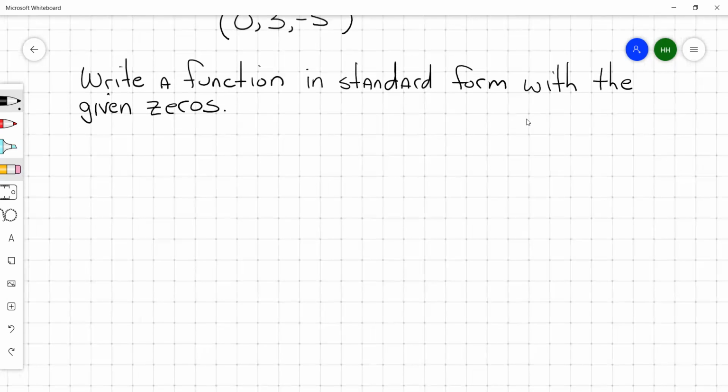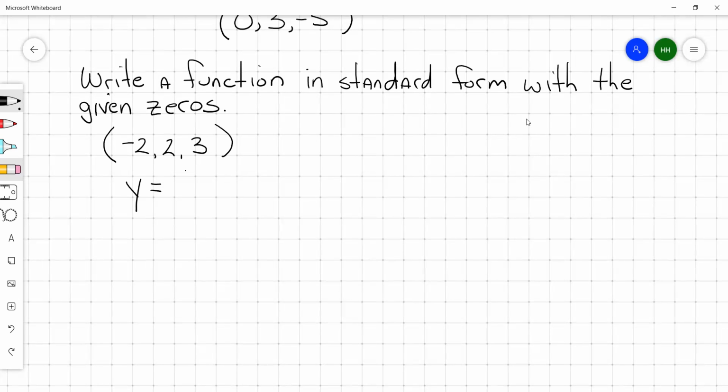If we have to write a function in standard form with the given zeros, and you are given some zeros like -2, 2, and 3. So -2, 2, and 3. If we have the zeros -2, 2, and 3, the next step would be to write this function in factored form.